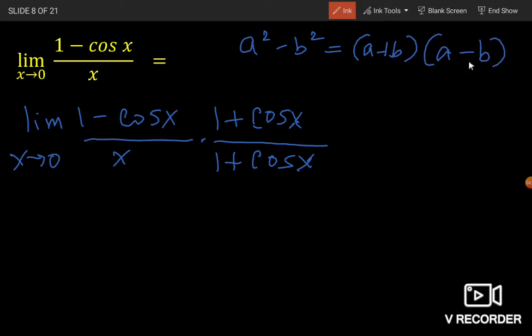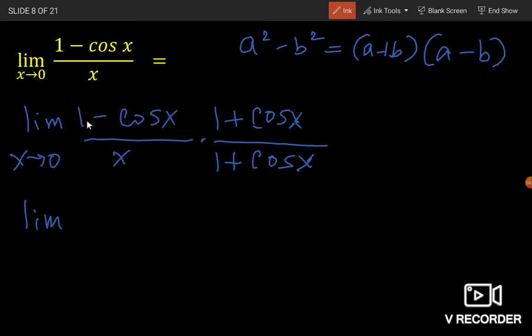So a minus b is basically 1 minus cosine x, and a plus b is 1 plus cosine x. So we can see here, a is equal to 1, b is equal to cosine x. So therefore, we can convert this into a difference of squares.